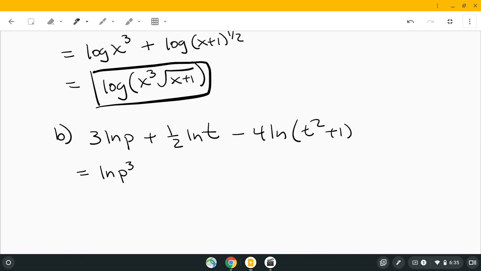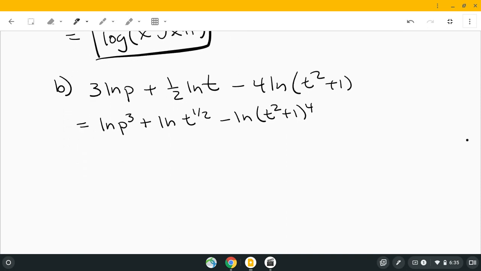So this is p cubed. This is ln t to the 1/2, which is the same as square root, minus ln of t squared plus 1 to the 4th. Okay, so remember what we said about quotients: anything that's negative is going to be a quotient.